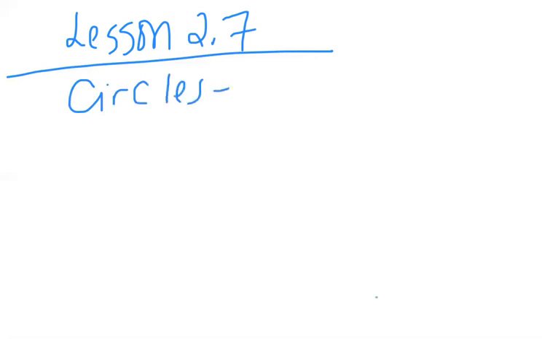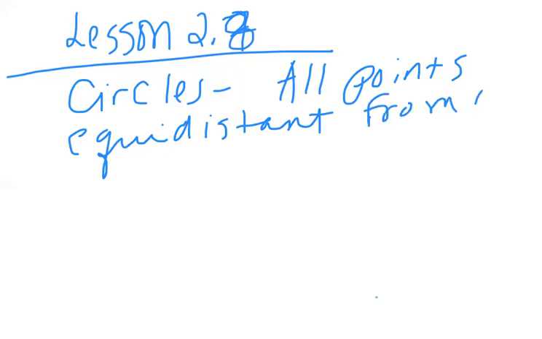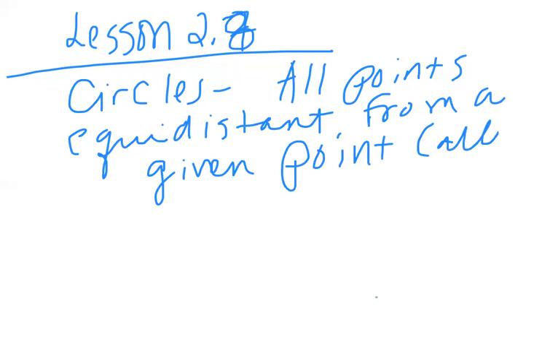The circles represent all points equidistant. Is this 2.7 or 2.8? Say it again. Is this 2.7 or 2.8? 2.8, thank you. Okay, all points equidistant from a given point, guys, called the center.